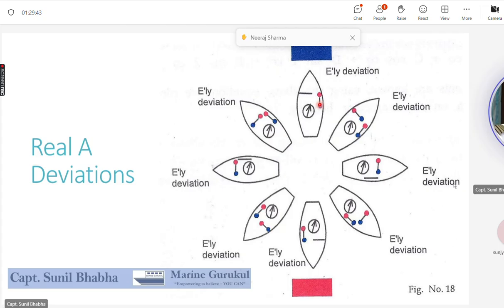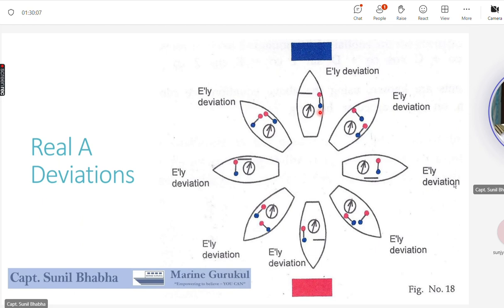Wherever the lines of force enter, that end gets a blue polarity. Wherever the magnetic lines of force are entering, that end of the magnet has a blue polarity. So that's why you see the aft end of the 4.5 longitudinal has a blue magnetic pole.